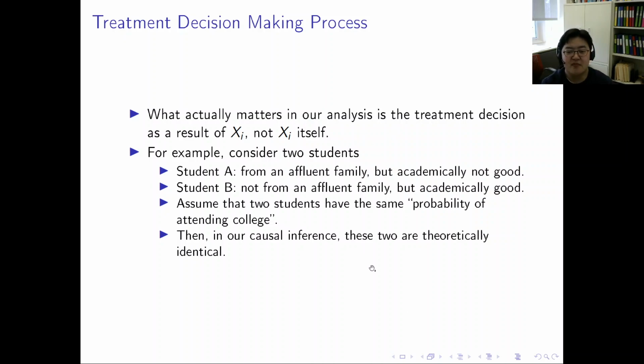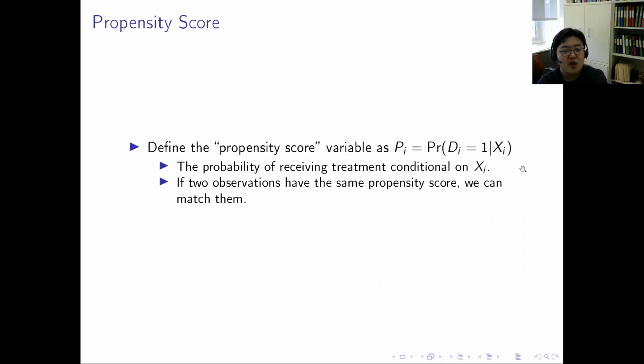Okay, then we call this the propensity score. Propensity score variable is defined this way. This is the probability of choosing the treatment conditional on the characteristics. So your family income, your high school scores, and distance to college, and all the factors you observed, and then you can calculate the actual probability of that student coming to college.